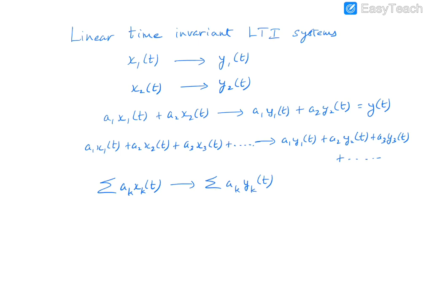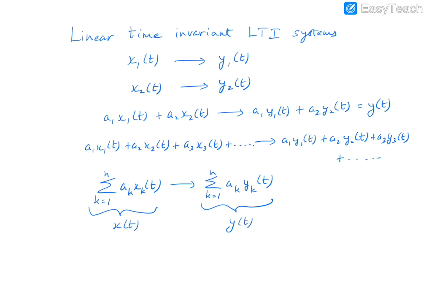So when the input x of t is a linear combination of some signals x1, x2, and so on, so k equal to 1 to, let's say, some n, then here also it's k equal to 1 to some n. So if we call this our x of t, then this will be the corresponding y of t.